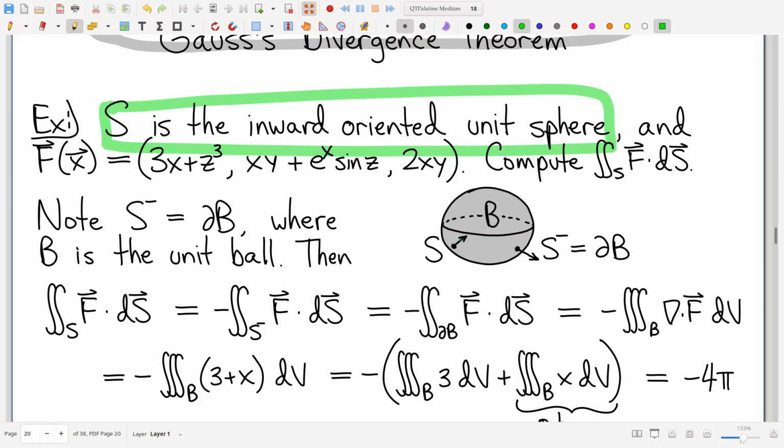That said, the inward-oriented unit sphere differs from the outward-oriented unit sphere only by orientation, and so therefore the inward flux that we're interested in and the outward flux that is a boundary and therefore that we can apply powerful theorems to, those just differ by a minus sign.